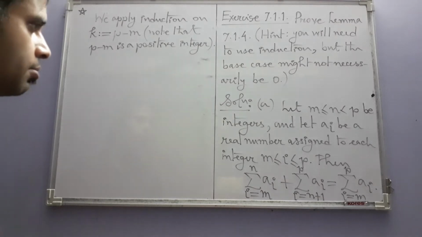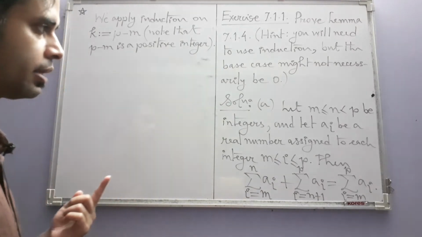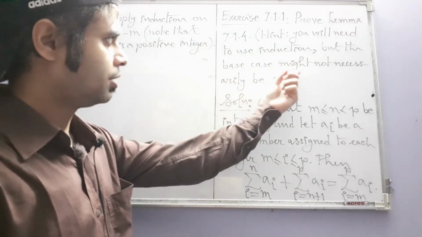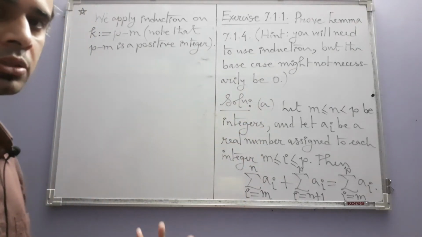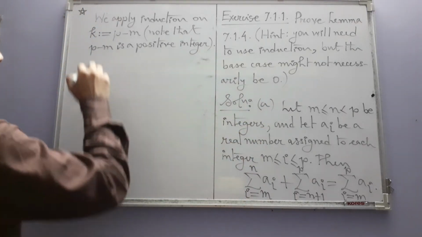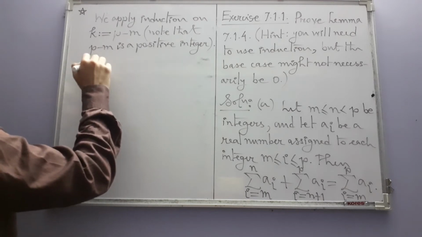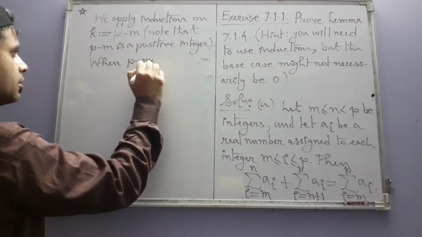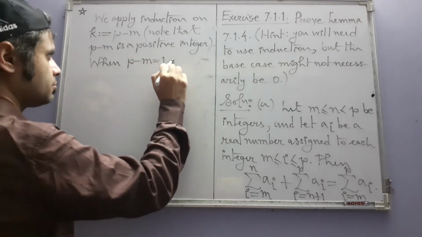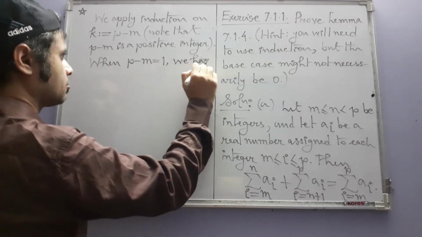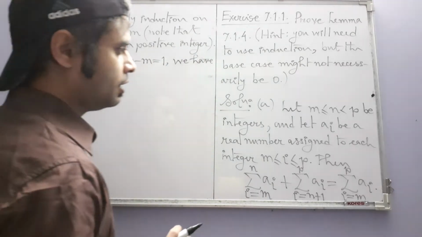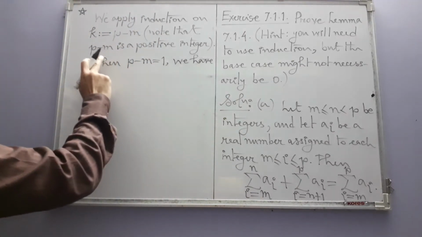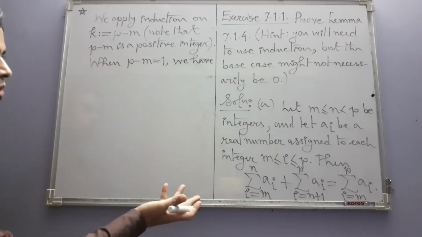The smallest possible value of p minus m is 1, and that will form the base case, and that is why the author says the base case might not necessarily be 0. It may not start with 0. When p minus m is equal to 1, that means p is m plus 1.